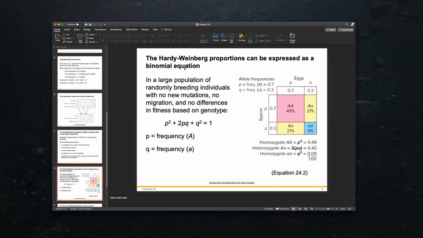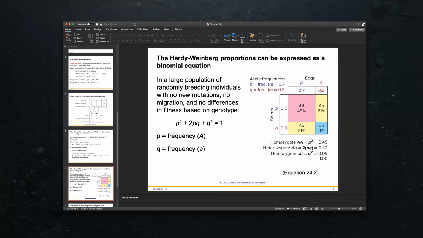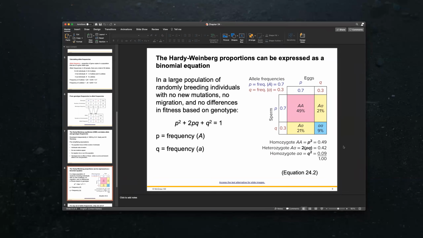And so how do you get from there to the thing that they gave you? It's a binomial expansion. So basically (P plus Q) squared, which is (P plus Q) times (P plus Q).